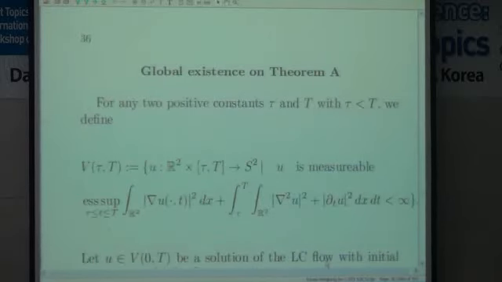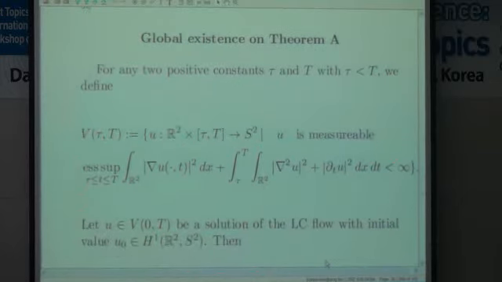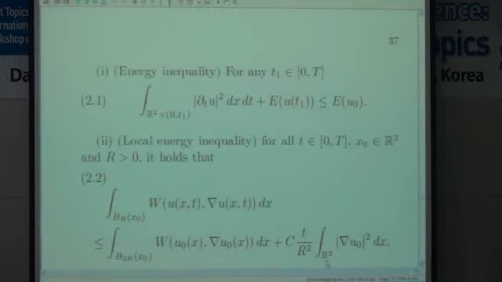And the global existence, you still need to prove the global existence. You have local existence, then how to extend it. To extend it, you also use this Lorentz-Scalia space. Then we study in this space. You can find that the solution always satisfies this energy inequality. So the energy inequality, and also you verify this local energy inequality.